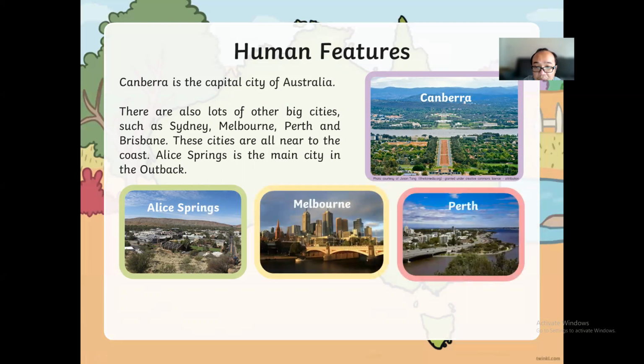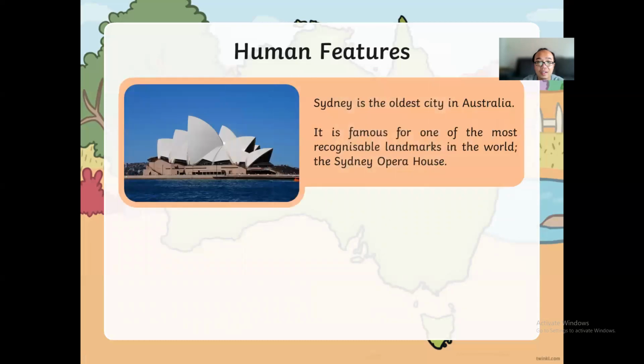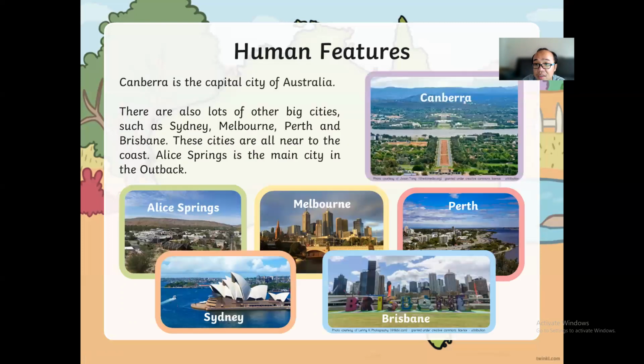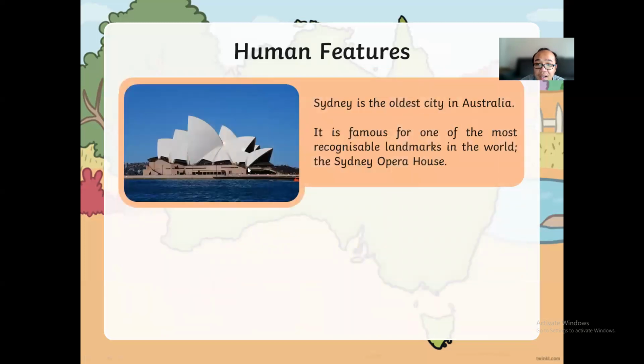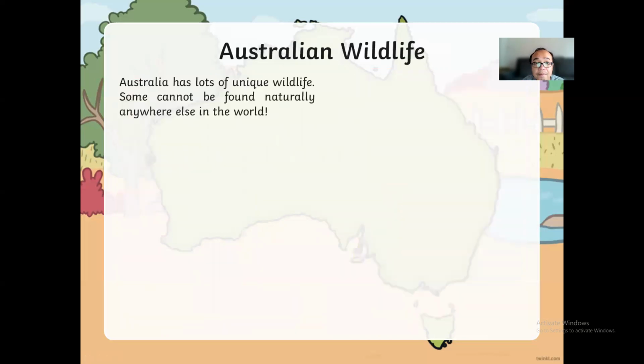Sydney is the oldest city in Australia, and it's a very popular city. It is not the capital city, the capital city is Canberra. The landmark in Sydney is the Opera House, which is very popular, and the Sydney Harbour Bridge is also famous.